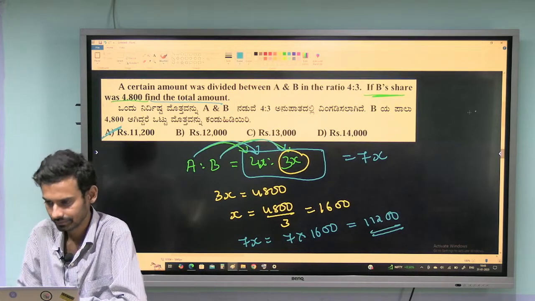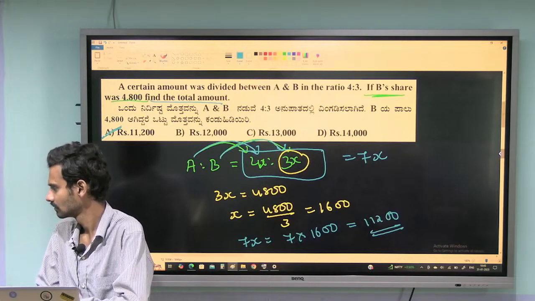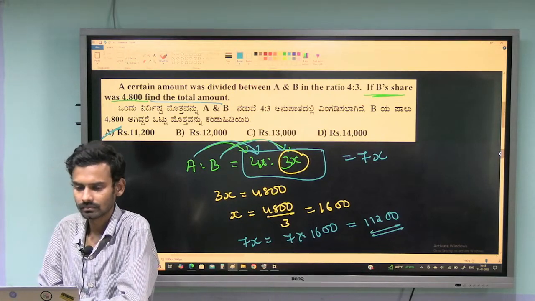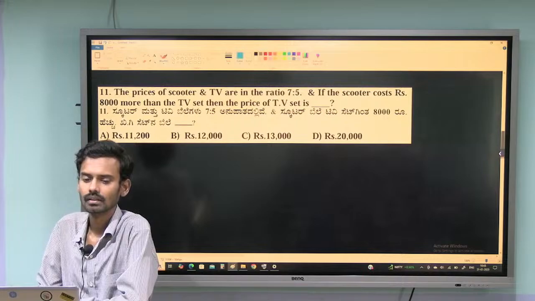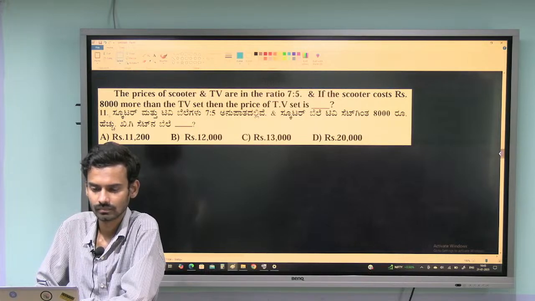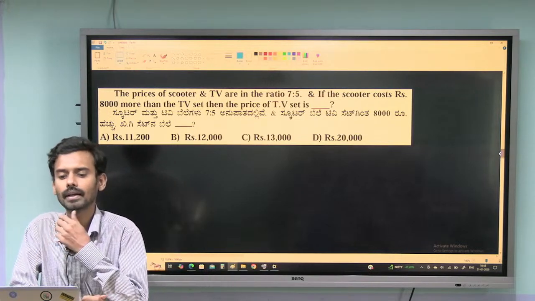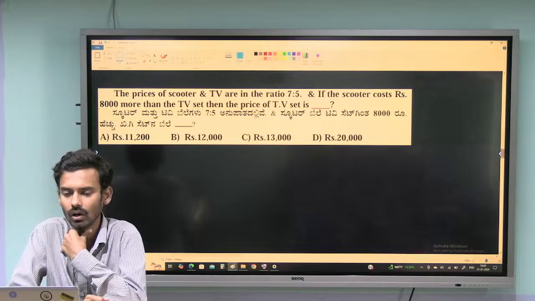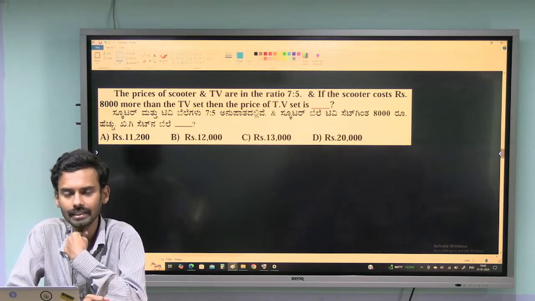Okay. Next question. The price of scooter and TV are in the ratio 7:5.